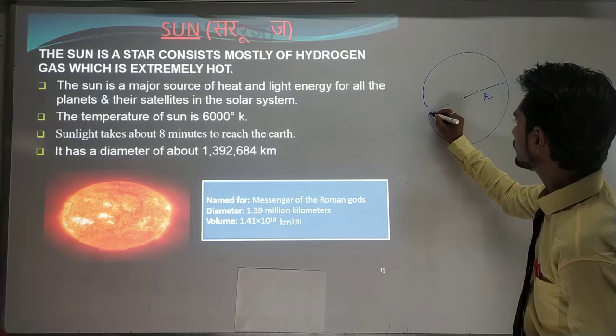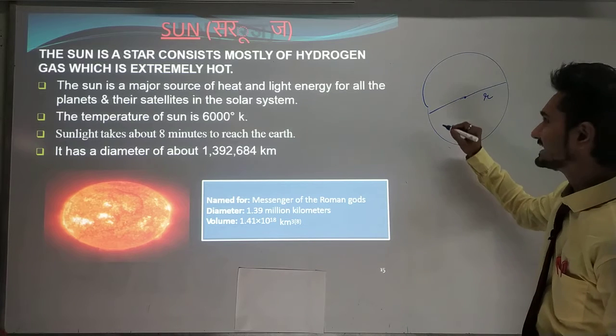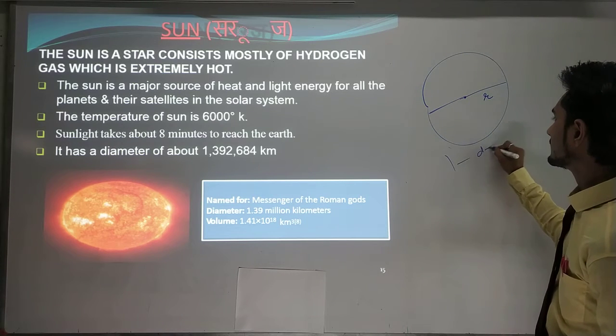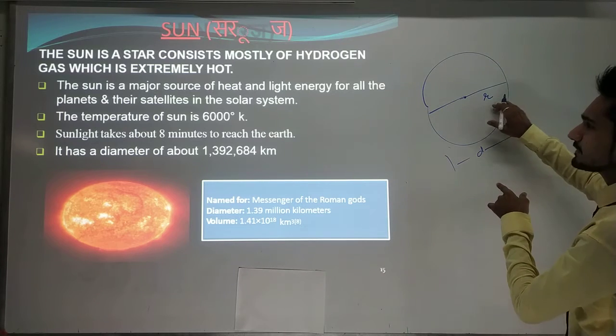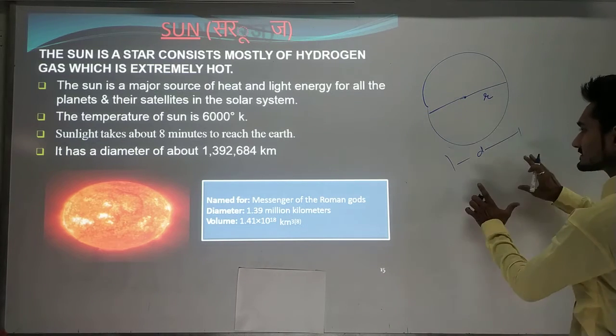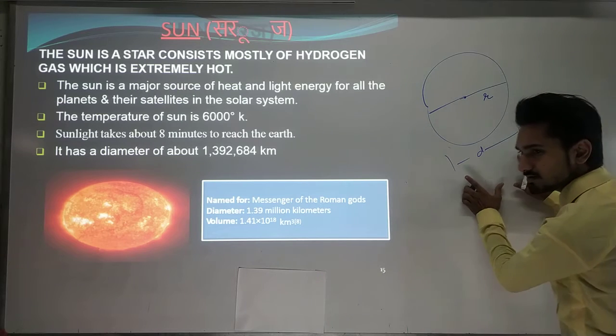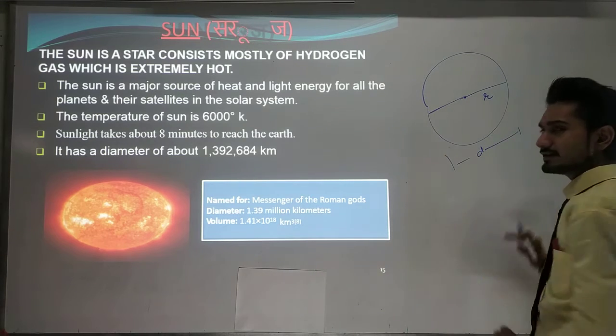If I measure the whole radius on both sides, that gives us the diameter. If we multiply the radius by 2, it gives us the diameter. If we divide the diameter by 2, it gives us the radius.